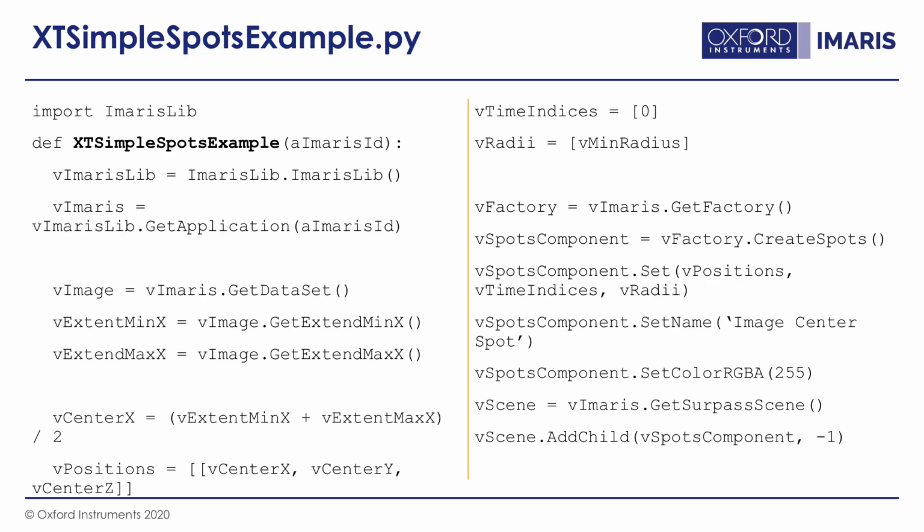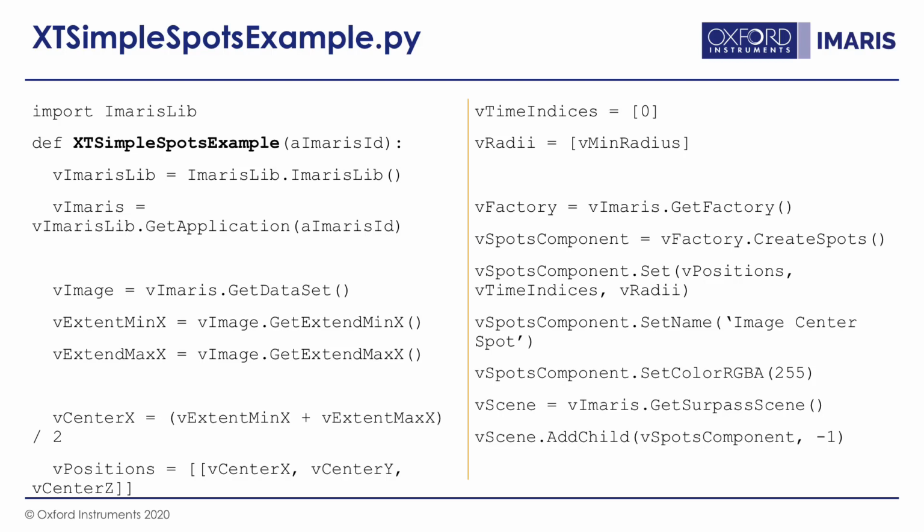So in the first statements after the XT simple spots example definition, we get an instance of the Imaris lib class, and then we can get a handle to Imaris. So vImaris equals ImarisLib get application with the Imaris ID, will return a struct that represents the Imaris application.